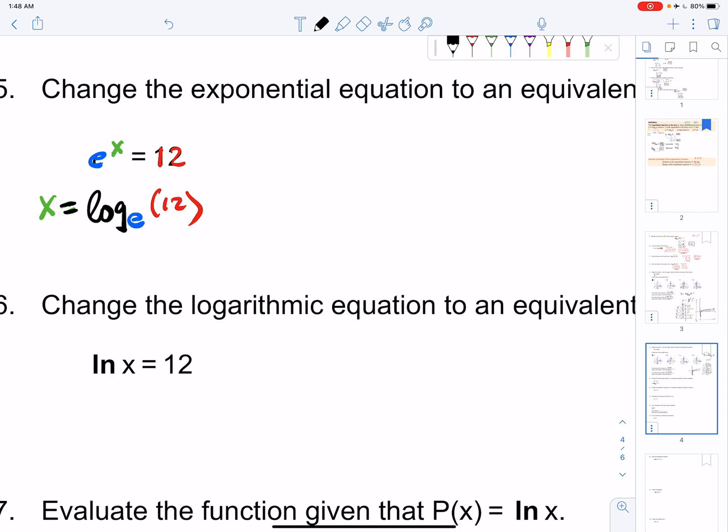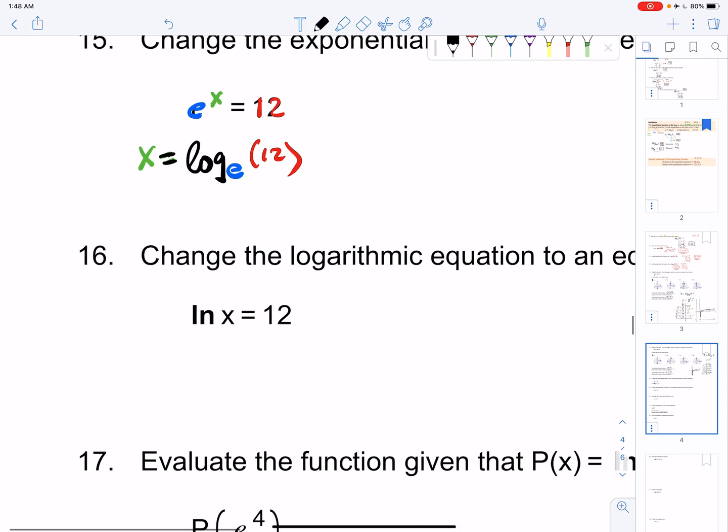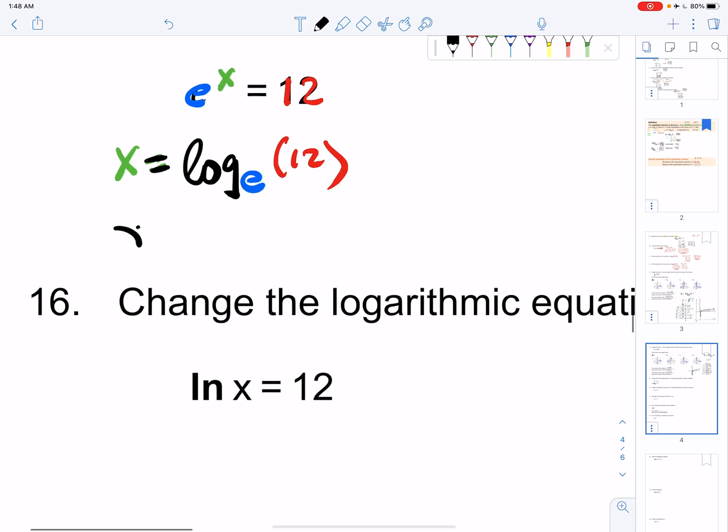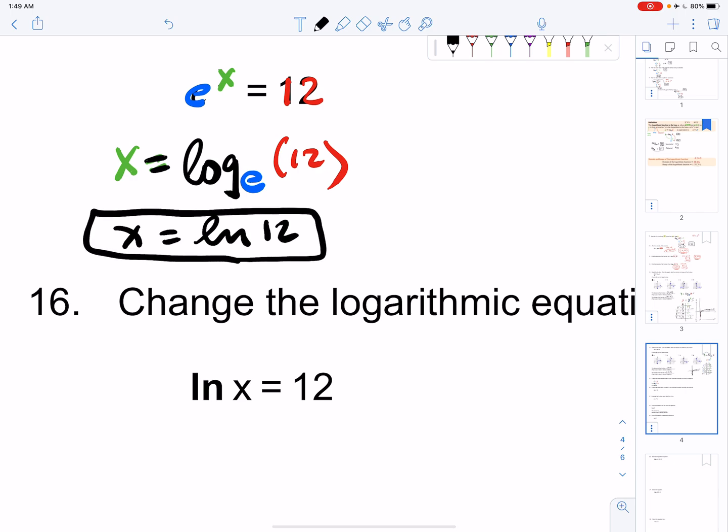But that's not the way you're going to write it because log base e has its own special notation. The answer is just x equals ln of 12. You don't have to put the e in because it's so special. It gets its own special log name.